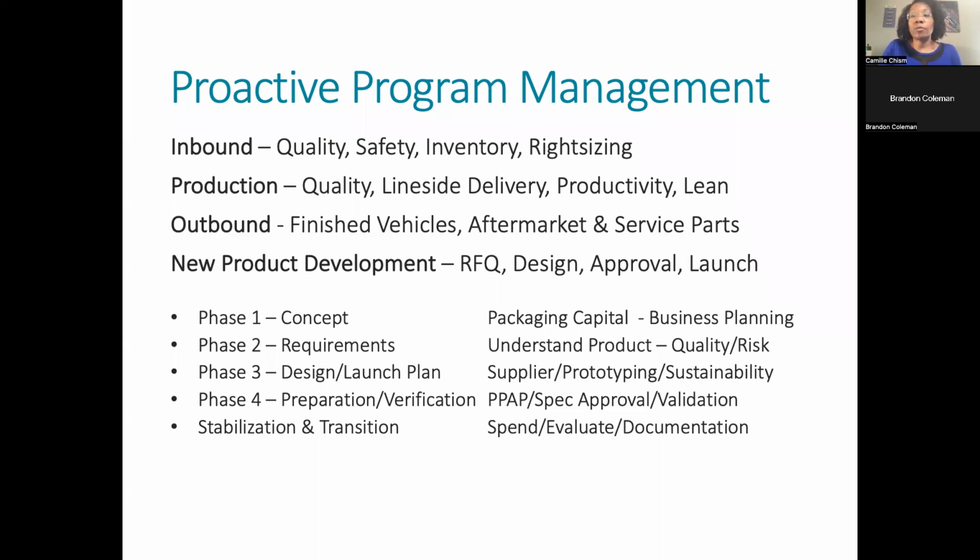That ties right into productivity, which means getting as many parts or vehicles produced as you can to meet your goals.